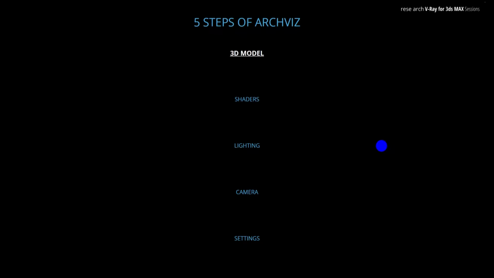The next step is shaders, which is bonded to the previous one, the 3D model. If you have a 3D model and it has no shaders, it would be pretty much a gray, black or white image. We don't want this. We want our renders to appear as realistic as possible, and for this you need to recreate your shaders within your virtual space.